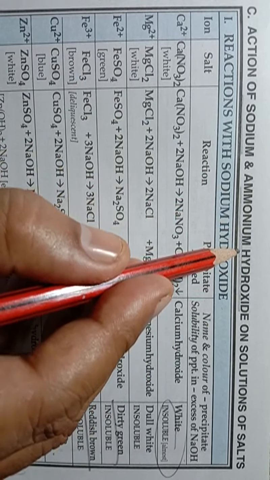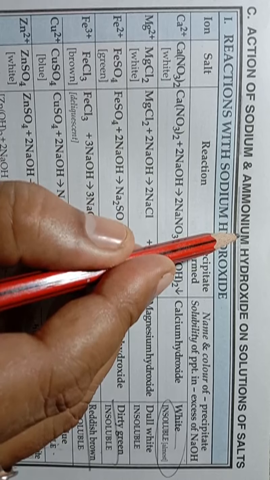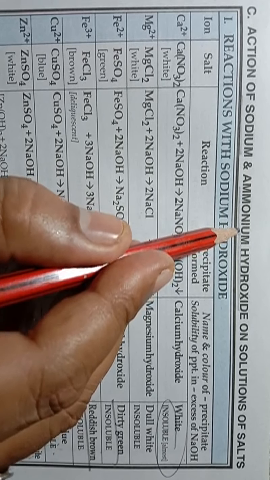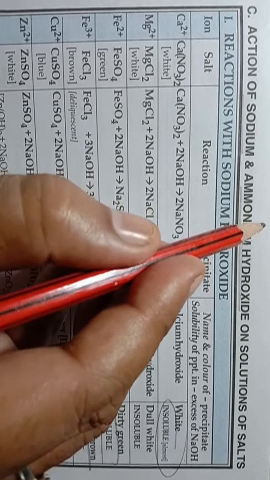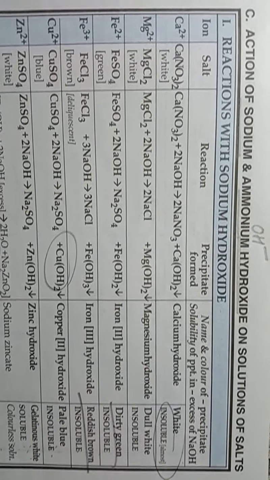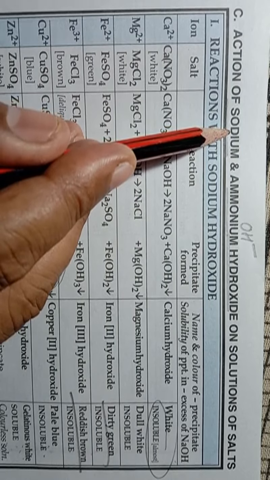Weak electrolytes are the electrolytes which dissociate partially, meaning ammonium hydroxide will dissociate partially, and that is why it will produce comparatively fewer hydroxide ions in comparison to sodium hydroxide. Okay, students.